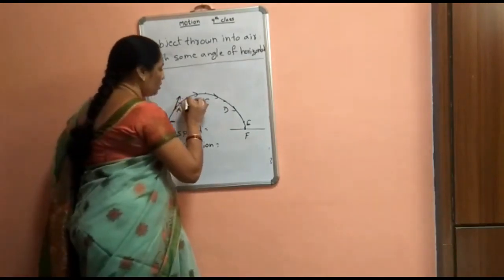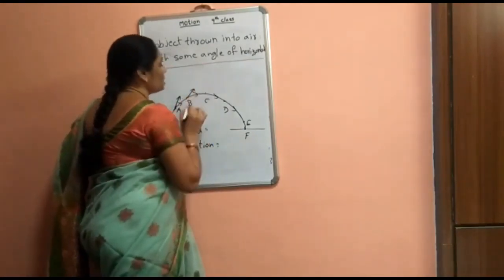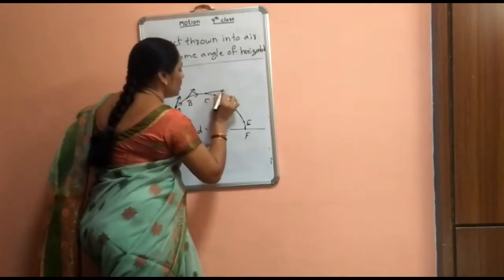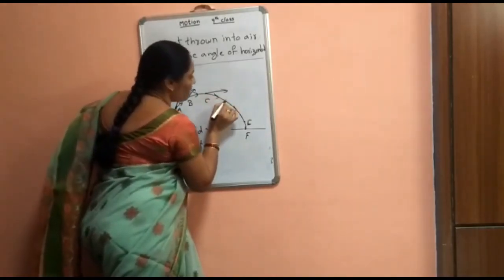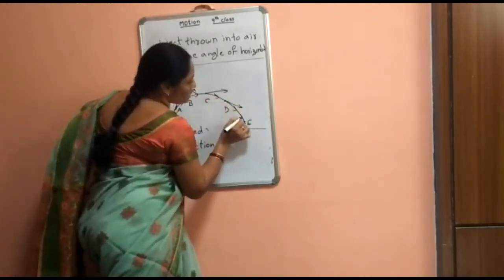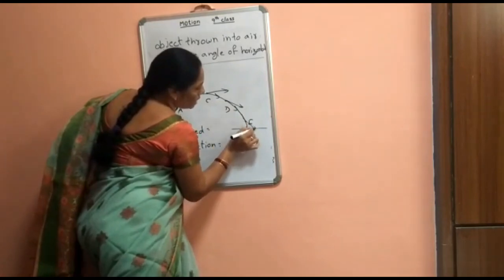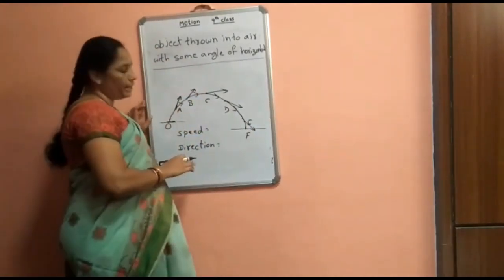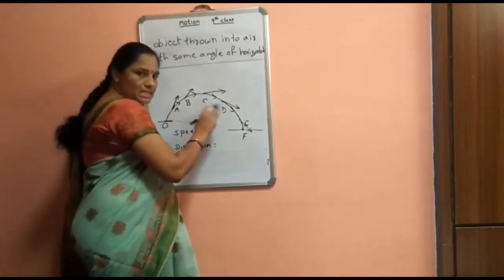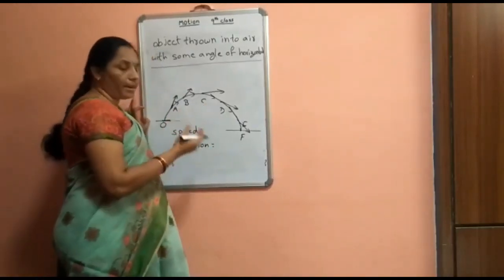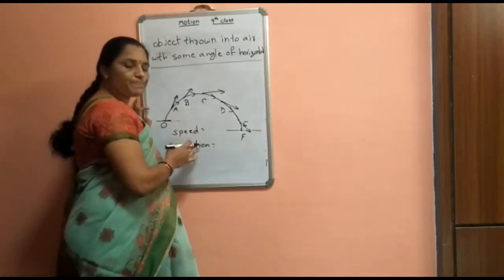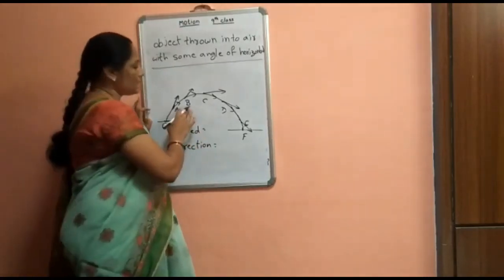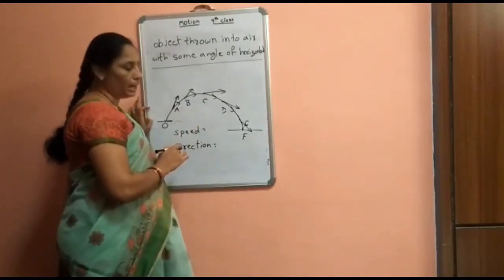At B the direction of the object is this one. At C the direction is this one. At D the direction is this. At E the direction is this. Okay, at each point the direction changes. In the same way, the speed also changes continuously.